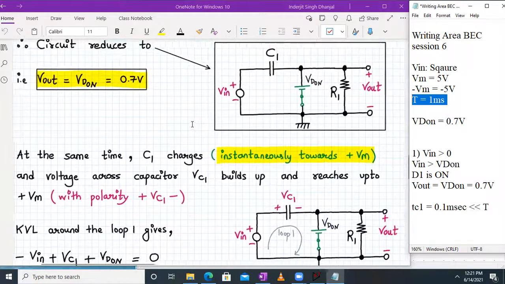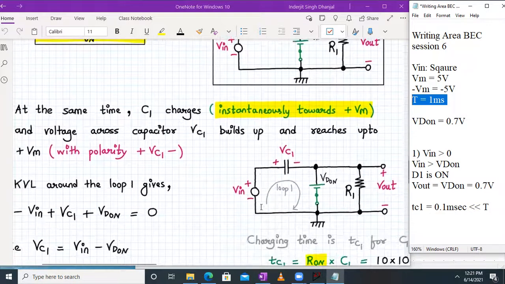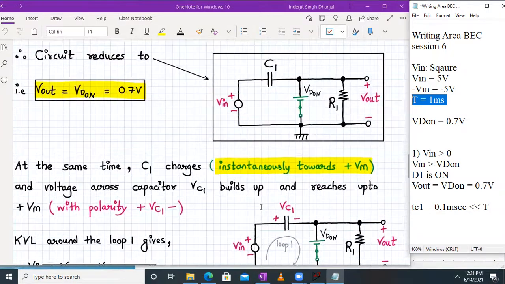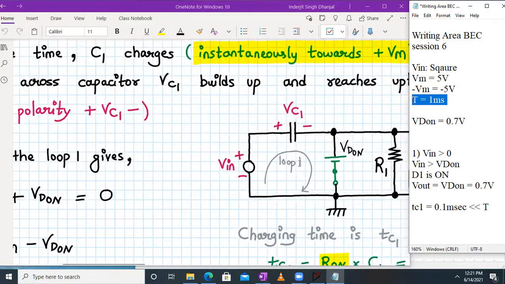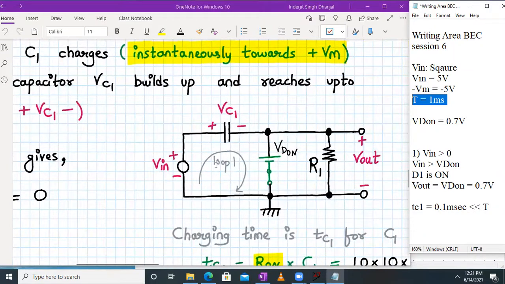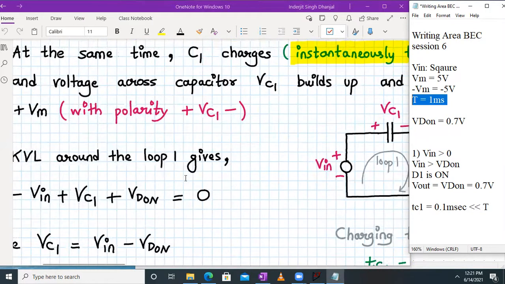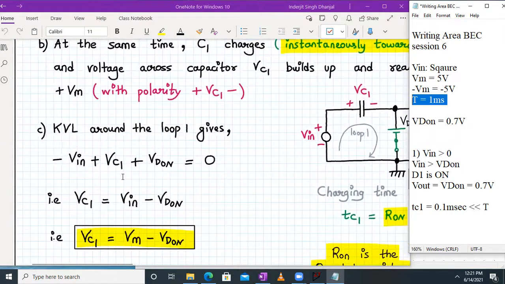The voltage across the capacitor C1 gets built up, with the polarity plus and minus from left to right, as you can see. So this is what really happens. If we apply KVL in this loop, we get minus Vm plus Vc1 plus Vd on equal to 0.